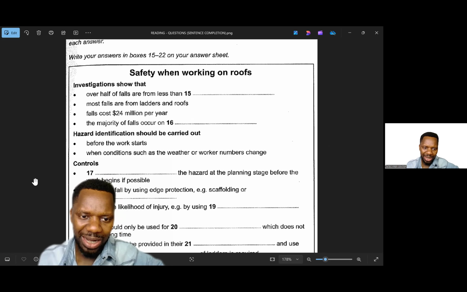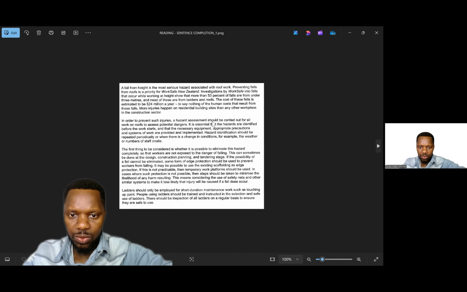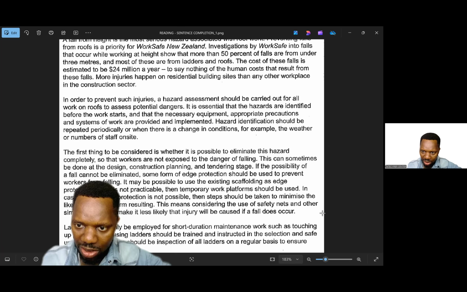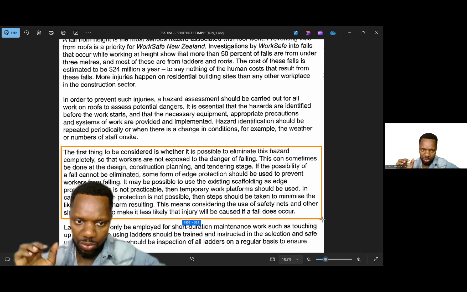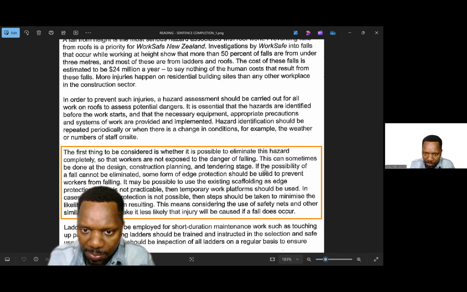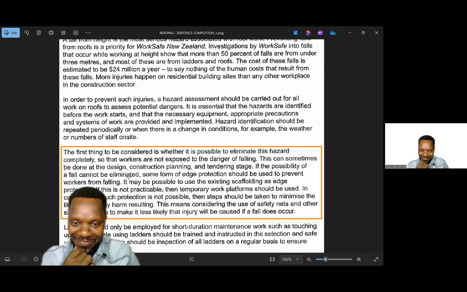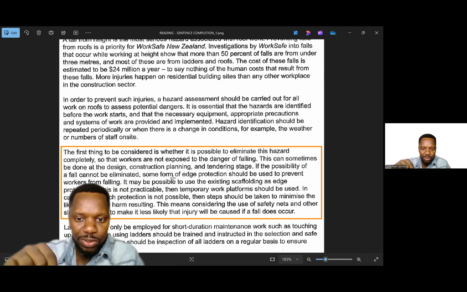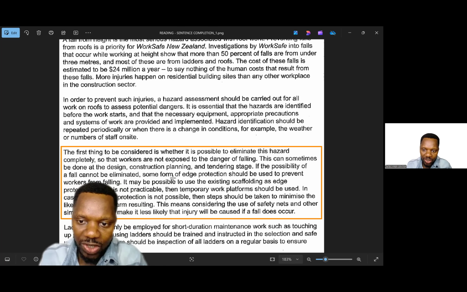So we are going back to the passage to look for where scaffolding was mentioned. Back to the same paragraph where we got our third answer, which is right here. We should proceed with the reading to get our next answer. It says, if the possibility of a fall cannot be eliminated, some form of edge protection should be used to prevent workers from falling.